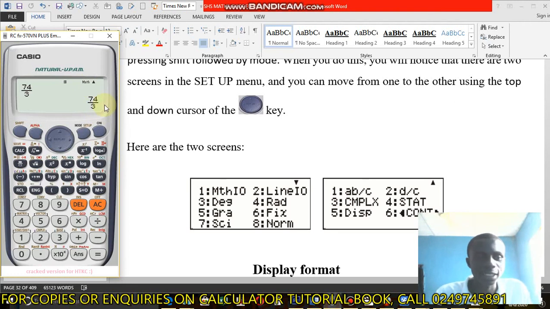So if I want my answer to be in mixed fraction, then when I move to Shift Mode and I go to the next screen, mixed fraction is number 1. I choose it and I get 24 whole number 2/3. This is great.